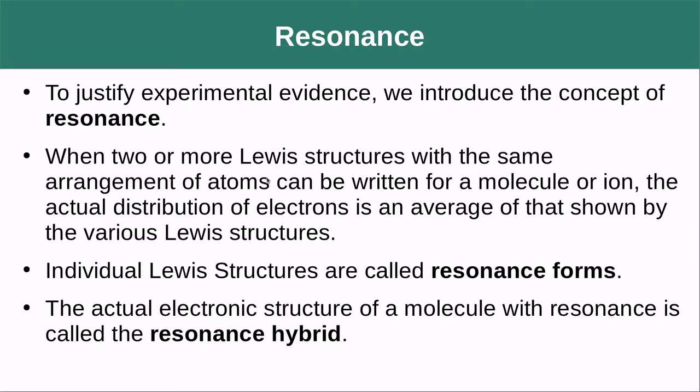So when 2 or more Lewis structures with the same arrangement of atoms can be written for a molecule or ion, the actual distribution of electrons is an average of that shown by the various Lewis structures. The individual Lewis structures are called the resonance forms, and the actual electronic structure of the molecule with resonance is called the resonance hybrid.